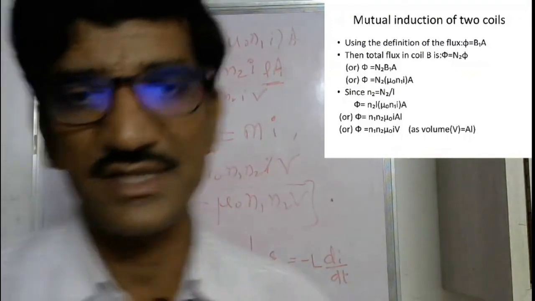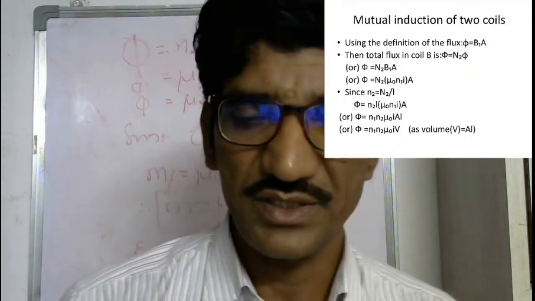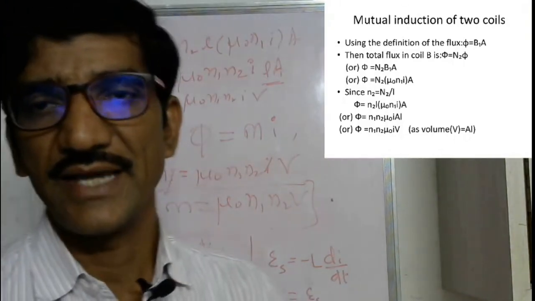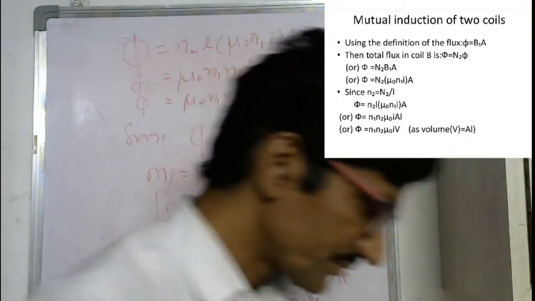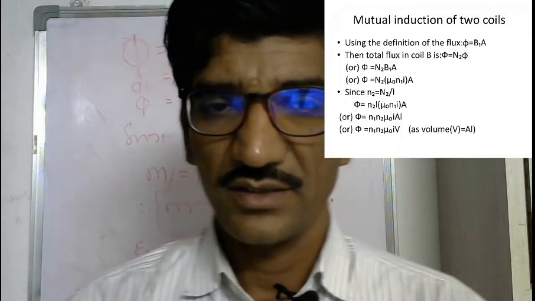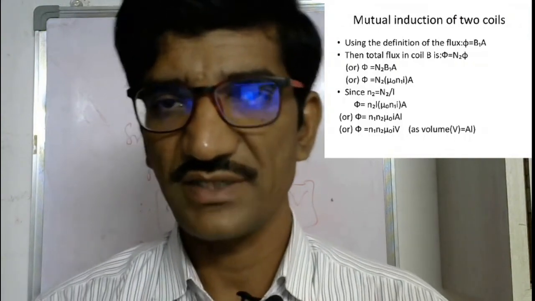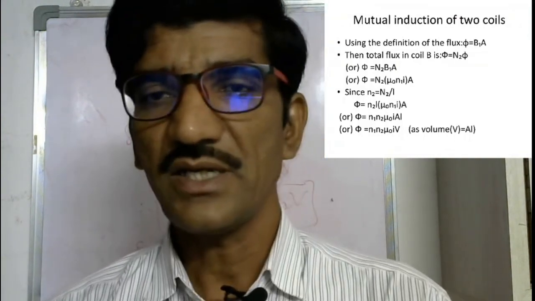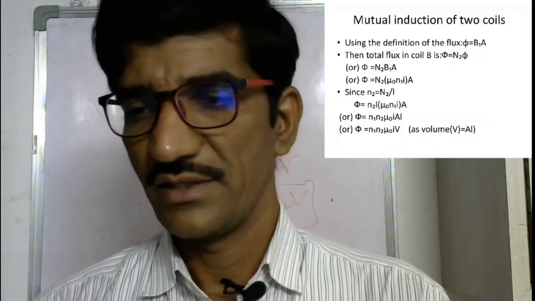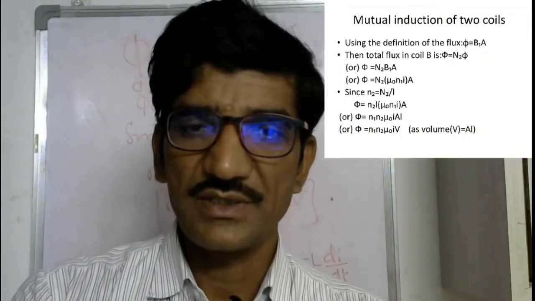Mutual induction and self-induction have the same SI unit, Henry. So you have to note these similarities and differences between self-induction and mutual induction. Okay, let us stop with this. Thank you.